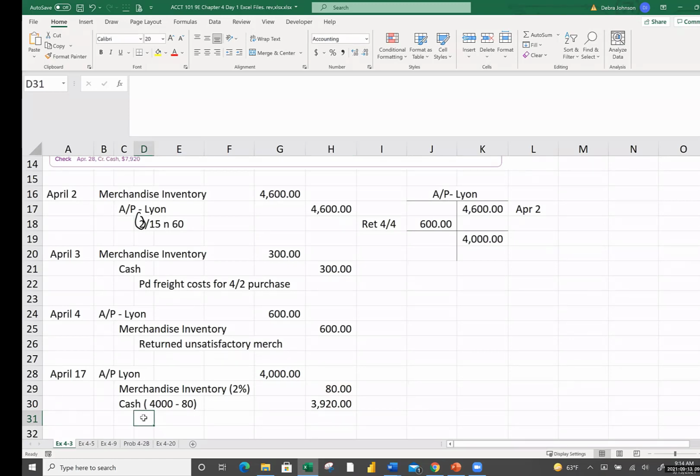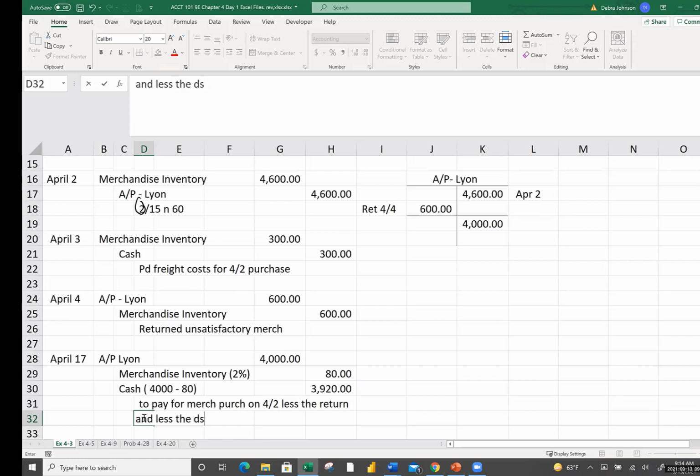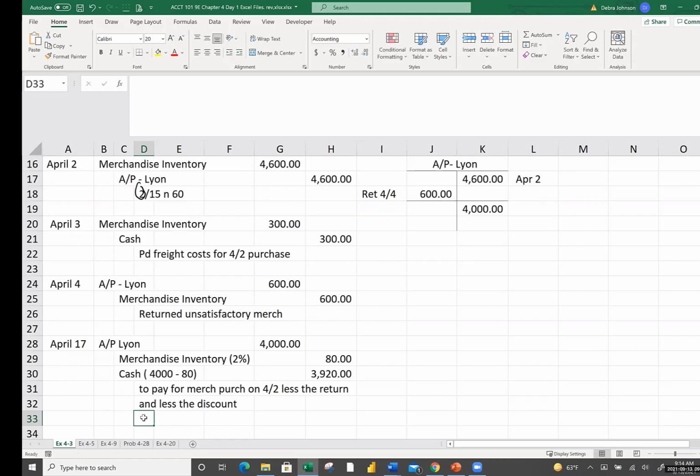And that ends the operating cycle on that transaction to pay for merchandise purchased on April 2nd, less the return and less the discount. For your notes, I want to leave a really good description. And if I were to look at this T account now, it is completely zeroed out.